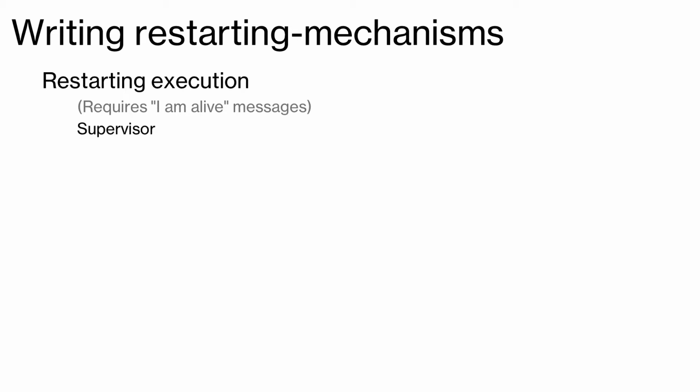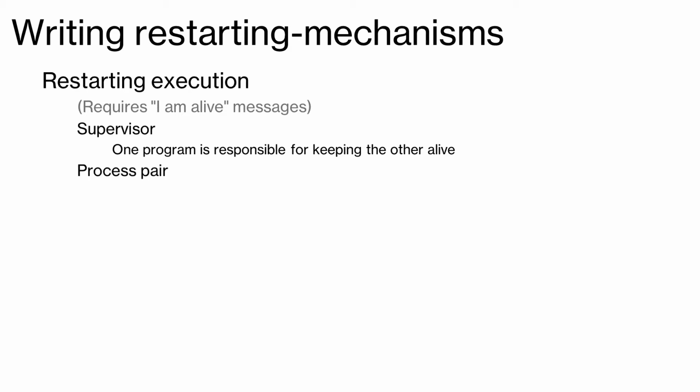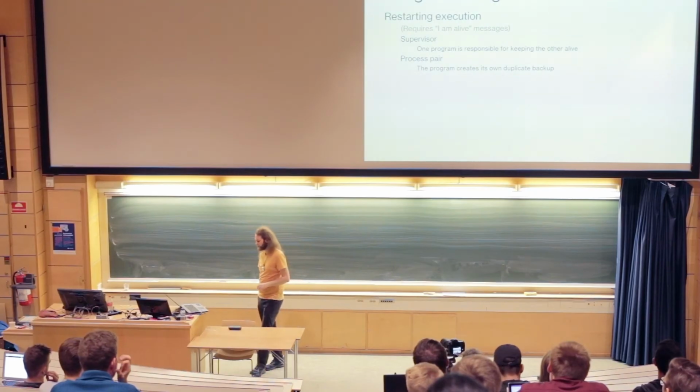So this gives us two ways of doing it. Either we have a supervisor that checks that the main program is still running, and then restarts that program if it's not running, or we do the process pair solution, where the program creates its own clone, which is just passively receiving, and if the primary one dies, then the backup spawns its own new clone and then continues. That's exercise 6.